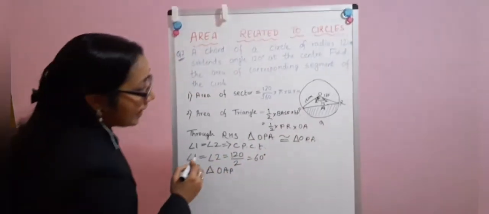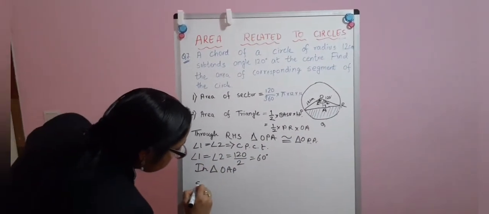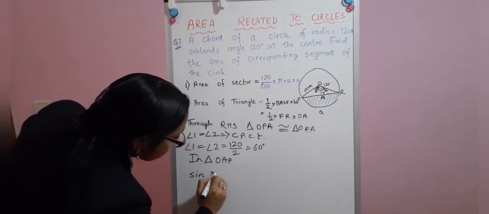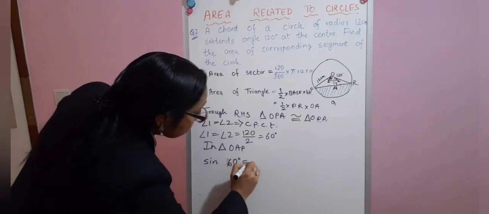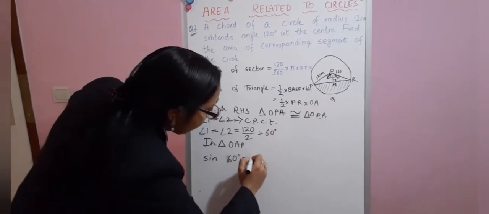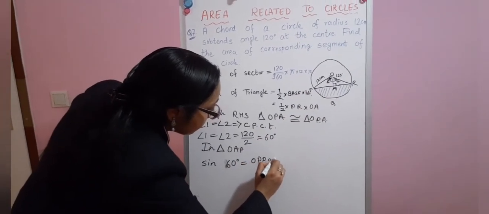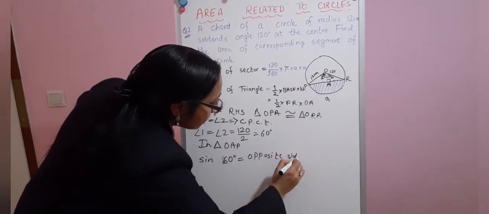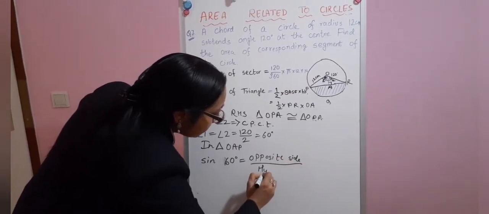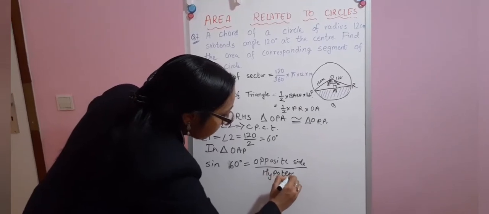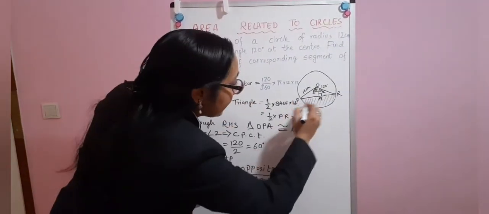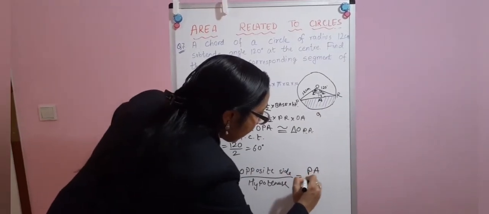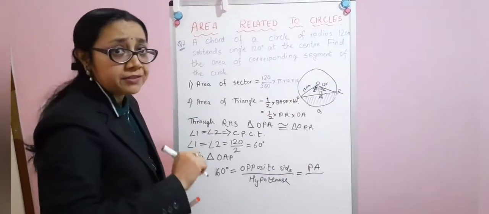So we can say that sine of 60 degree, because that one is 60 degree, is equal to opposite side divided by hypotenuse, right? From trigonometric knowledge you know already this one. So opposite side is PA and hypotenuse is the radius, which is 12 centimeter.